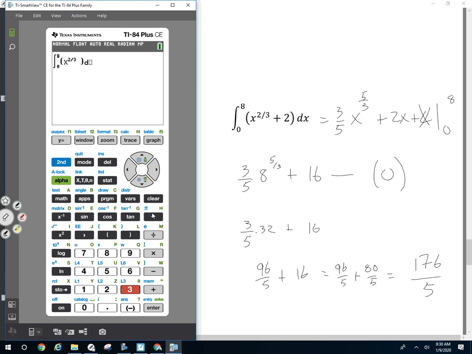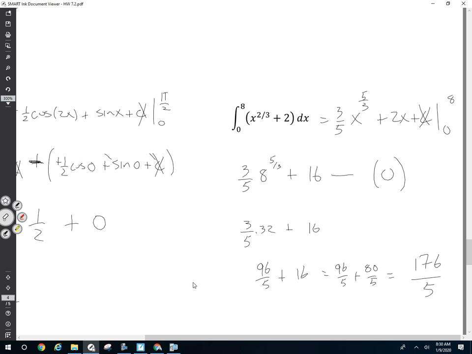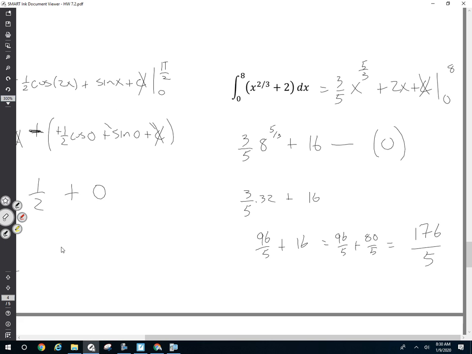It shows up nicely here. Plus 2. It will give you a decimal approximation. Understand it's an approximation because it's doing velocities times times. But if I do 176 fifths, I'm going to get 35.2. Okay, so just something we'll talk about, and we'll be using our calculators starting next class, really.